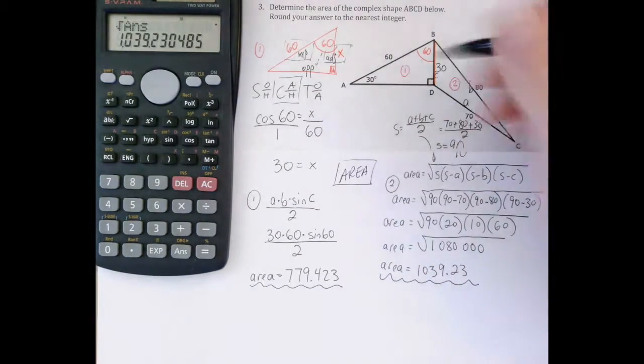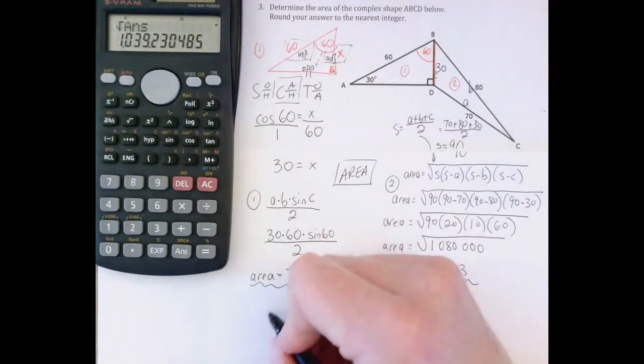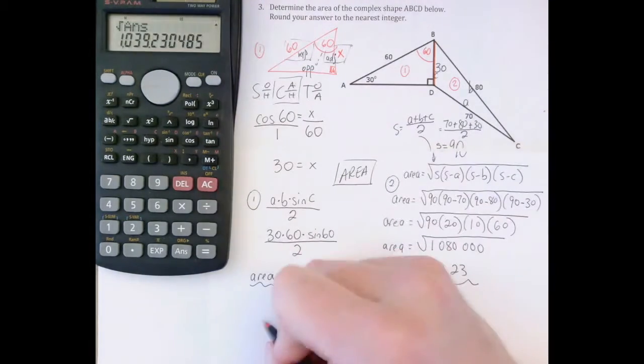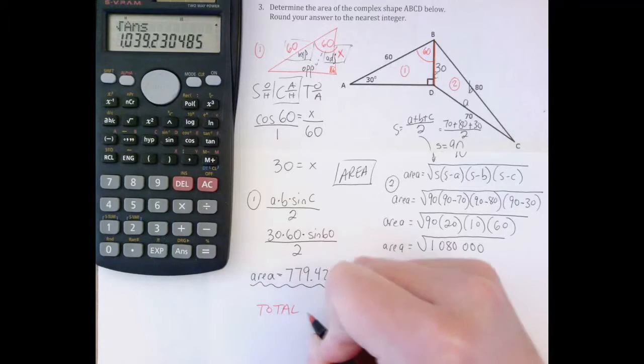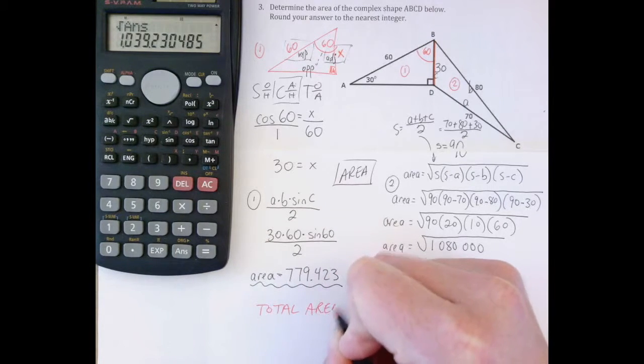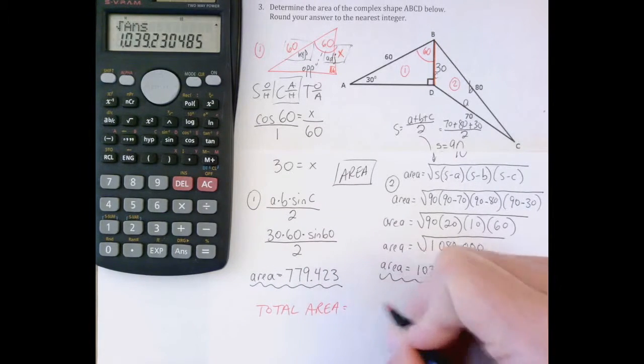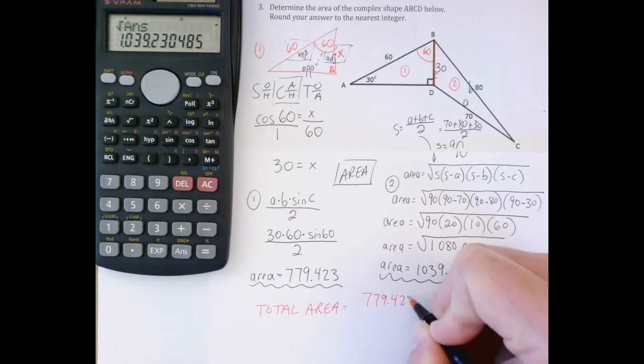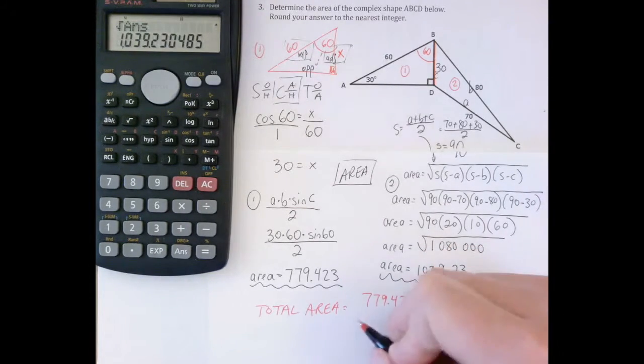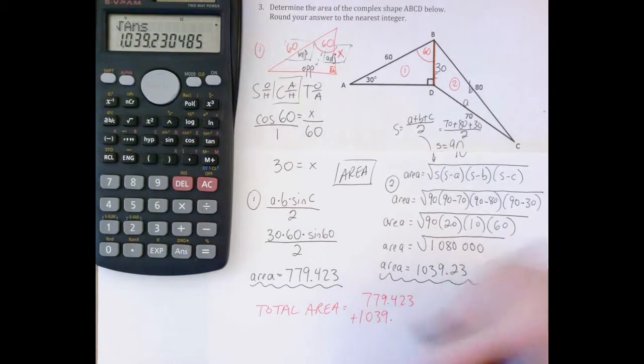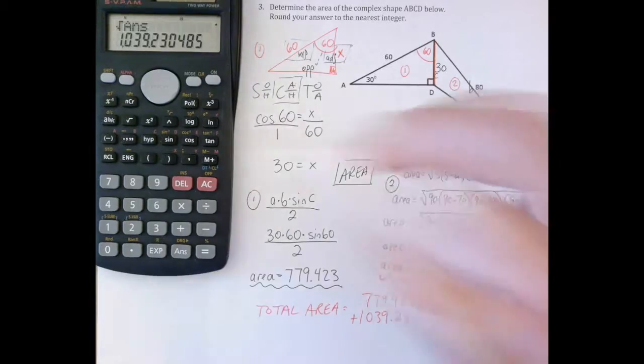And they want the total area of these two shapes. So here, my total area is going to equal 779.423 plus 1,039.23.